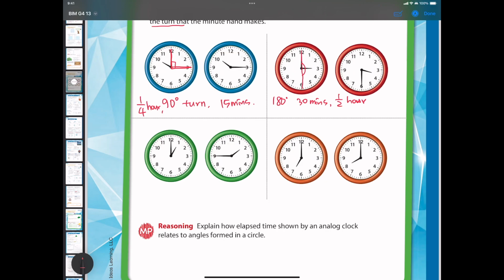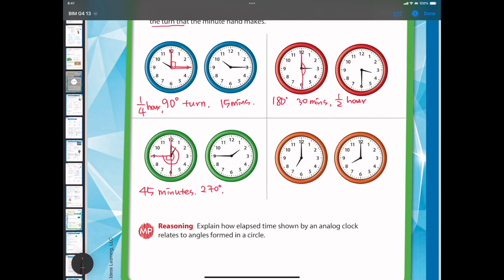For the green clock, from 1 o'clock to 1:45, they moved this much, which is what? This is 45 minutes. And what else? Since we know this is 180 plus 90 degrees, this is going to be 270 degrees.